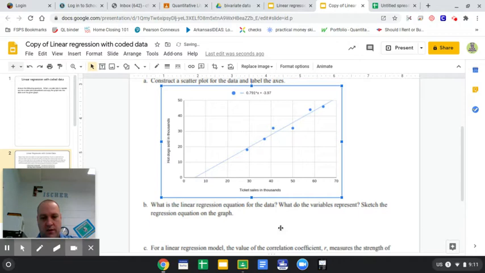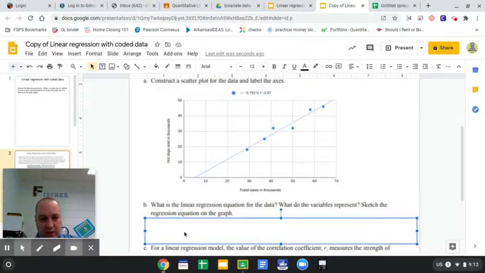All right, so what is the linear regression equation? It's given right there. What do the variables represent? I do need to tell what the variables represent. The variables represent the ticket sales and hot dogs.